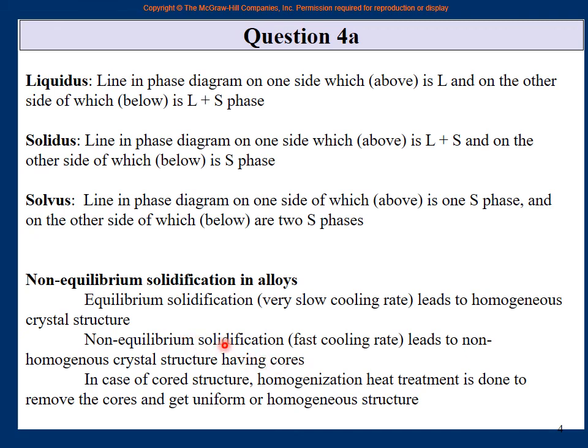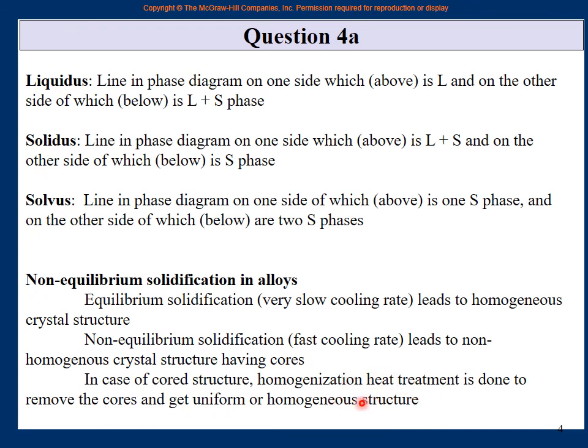Non-equilibrium solidification, at a faster cooling rate, leads to a cored structure, and if the cores are there, it is not homogeneous, it is non-homogeneous. In the case of a cored structure, a heat treatment called homogenization is done to remove the cores and get back a uniform, homogeneous structure.